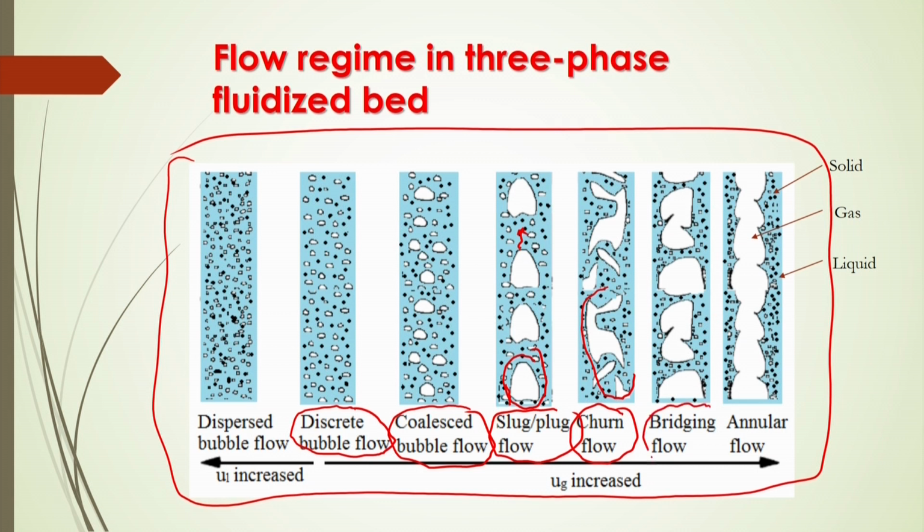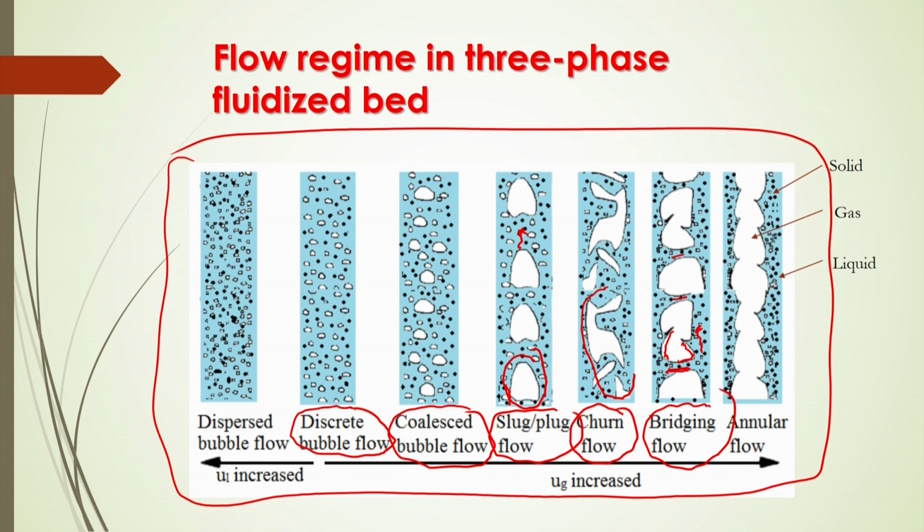And bridging flow, in this case you will see bubbles are moving upward, but there is some formation of bridge-like bubbles, and that is why it is called bridging flow here. In between two bubbles the density of the solid particles will be much higher inside the bed. Whereas, this annular flow, if you increase the gas velocity again at a certain liquid velocity, you will get the annular flow.